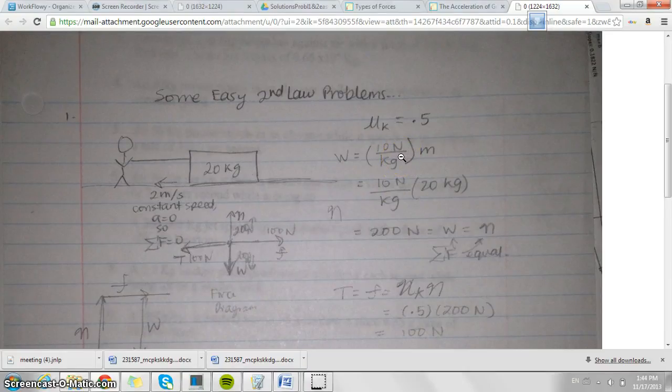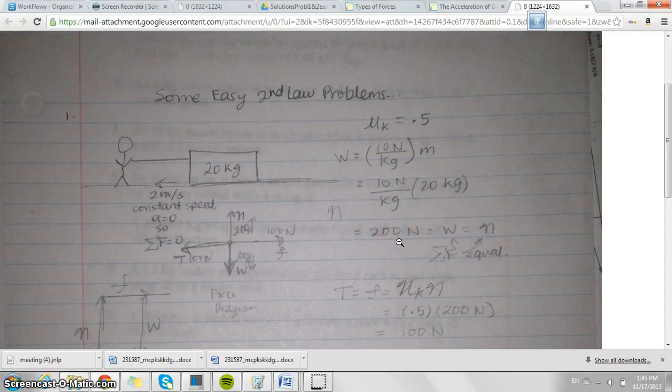So depending on what planet you're on, you're going to have a different number here instead of 10. And so we multiply that by the mass of the object, 20 kilograms, and we get the weight of the object, which is 200 newtons.